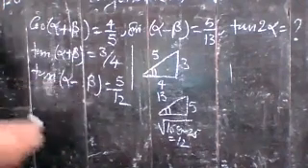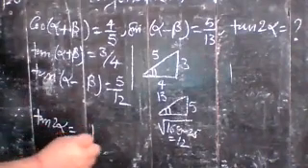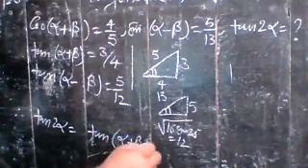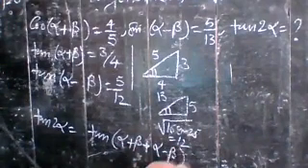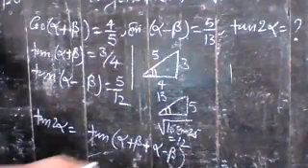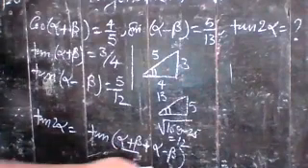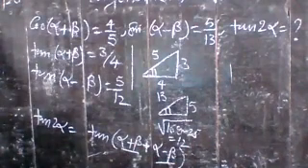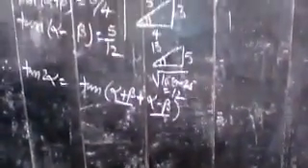Now you have to find the value of tan 2 alpha. Tan 2 alpha can be written as tan of alpha plus beta plus alpha minus beta. Now alpha plus beta is treated as x, and alpha minus beta is treated as y. So here you apply the identity of tan x plus y. Write it.